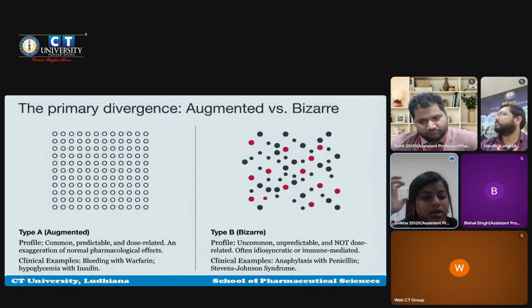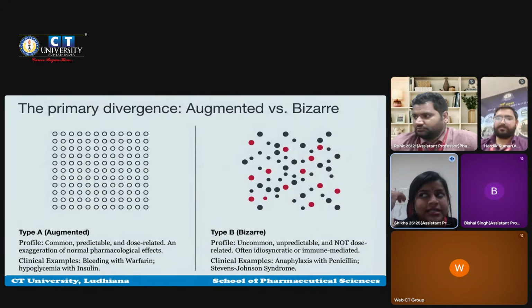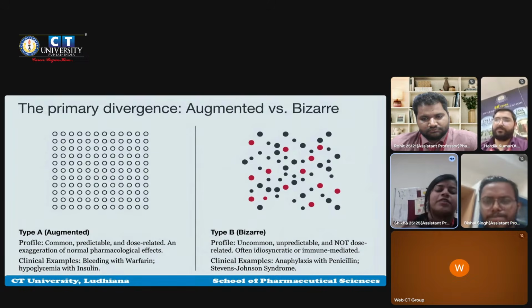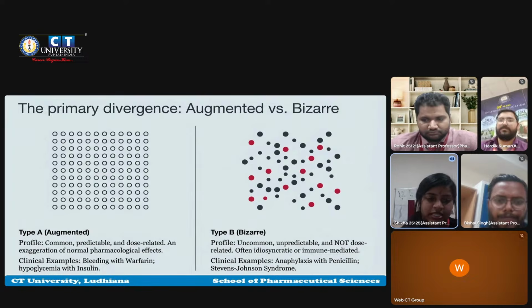Means it is common, it is predictable, that if you are taking a certain medication, then you can get these ADRs. So it is predictable, you can predict it, and it is dose related. If the dose exceeds, the chances of getting the ADR also increase, and it is vice versa.